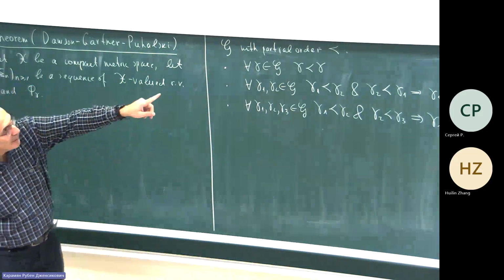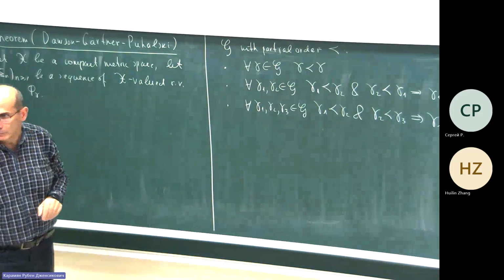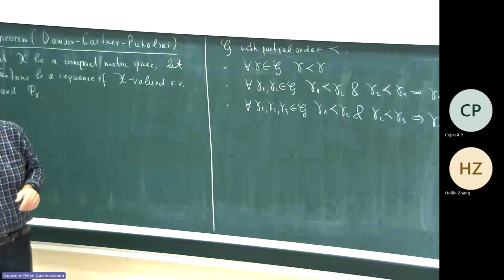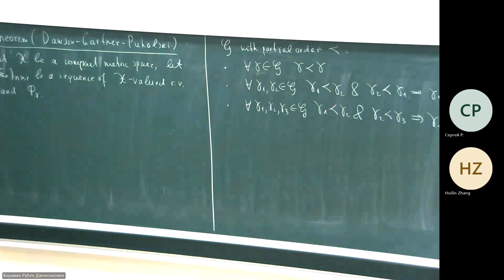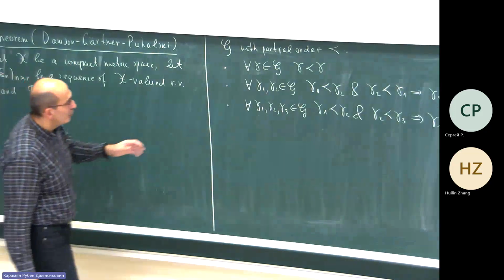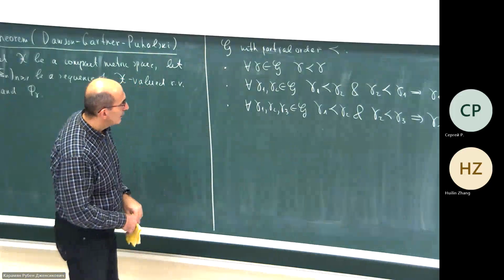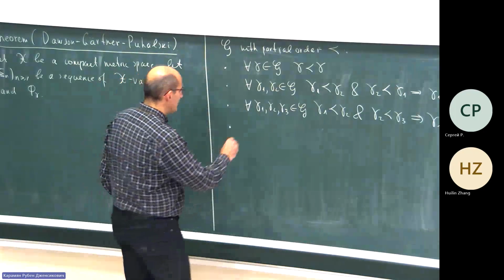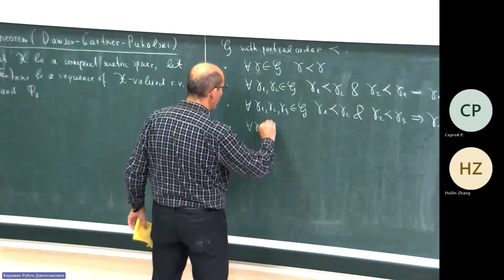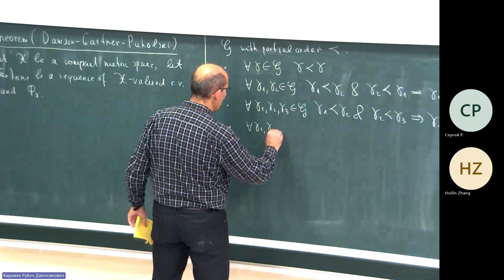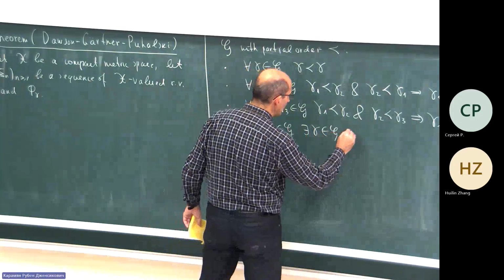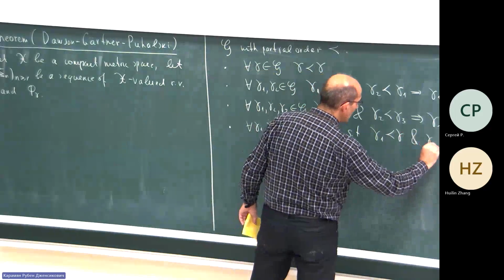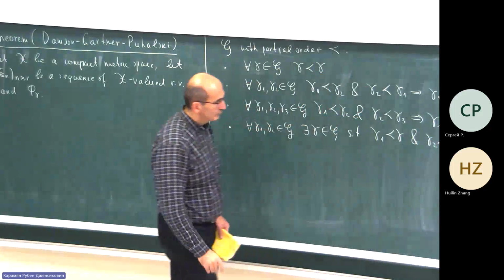Think of finite subsets of any set. You take any set, for instance, a set of continuous functions, and you take all finite subsets. Then obviously all these properties are true. In addition to that, I will add the last property, which says that for any gamma 1, gamma 2 in G, there is gamma in G such that gamma 1 is smaller than gamma and gamma 2 is smaller than gamma.